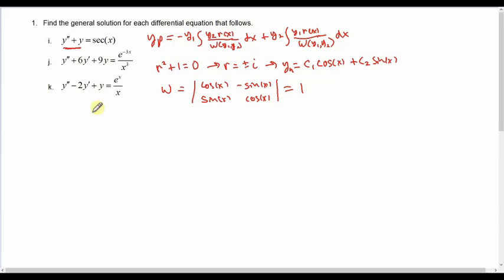So the integrals that I have to calculate: I'm using cosine as y1 and sine as y2. So I've got y2, which is sine, times secant, and then that's divided by 1, dx. And this being trig functions, I'm going to rewrite this as sine over cosine, since secant is really 1 over cosine.